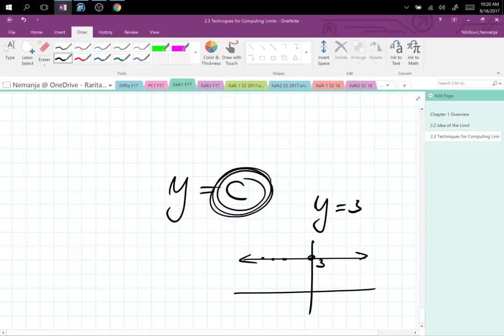Any point that you pick along this line will always have 3 as the y value. So no matter which number you approach, from left and the right, the answer will always be 3, no matter where you are on the x-axis. The function is a constant function. It goes through 3, or it goes through 1, or it goes through 7. That will always be the answer.